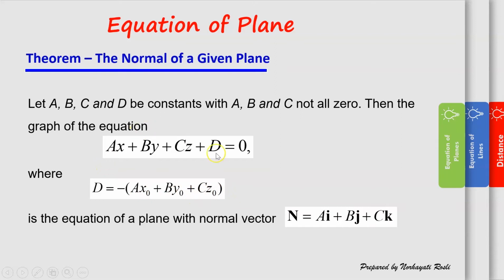So, based on this, we can write a normal vector to this equation of plane, which is given by ai plus bj plus ck. This means that to write the normal vector, you just take the coefficients a, b and c.